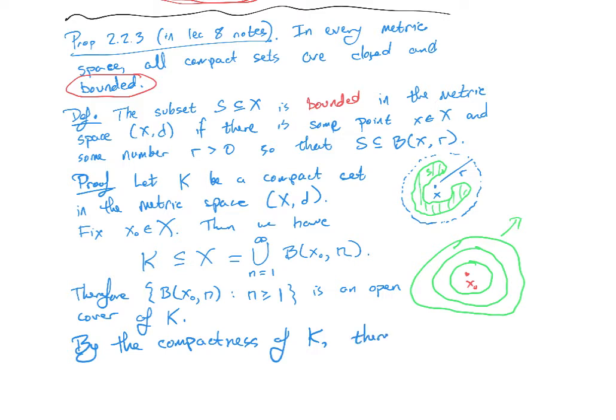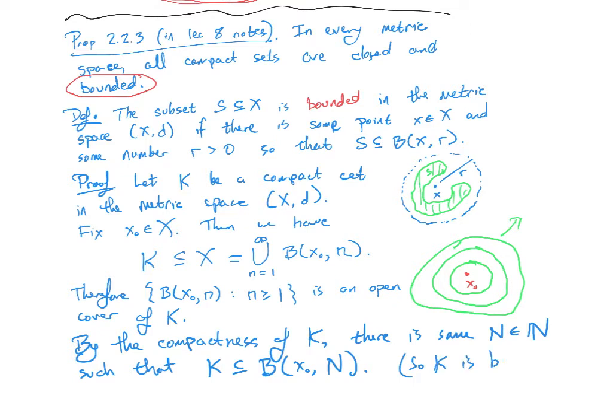So there is some capital N, I guess it's a natural number, such that K is contained in the ball centered at x naught of radius capital N. And that's the definition of bounded.